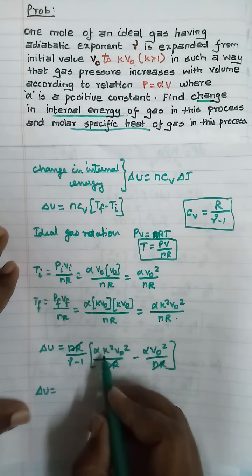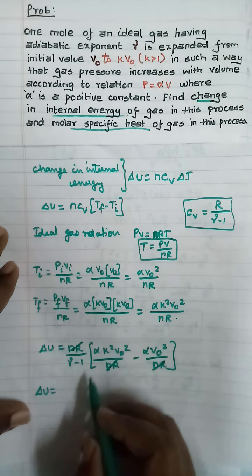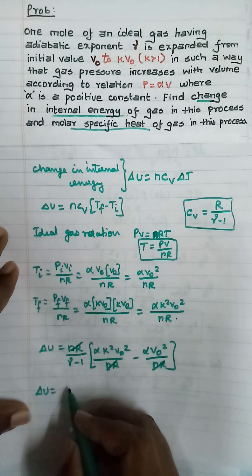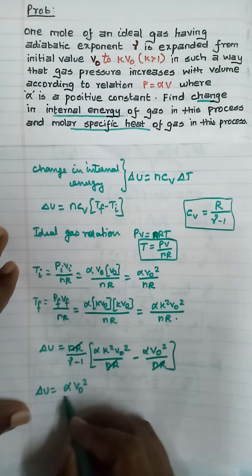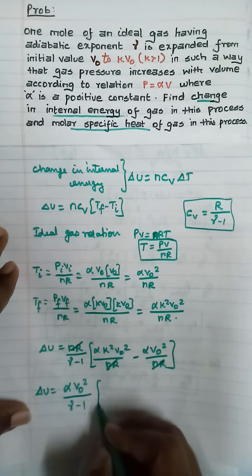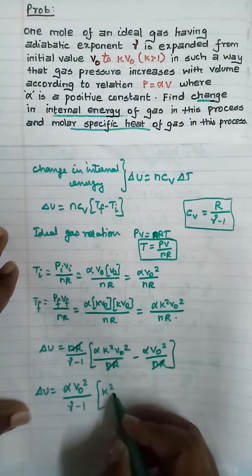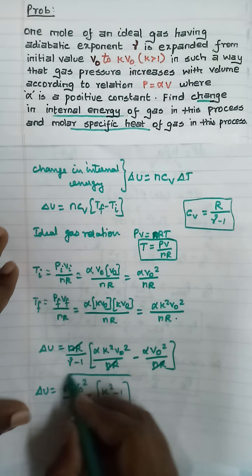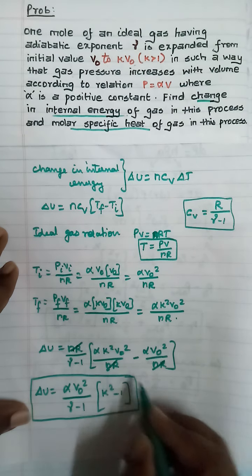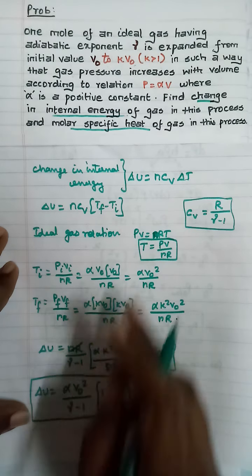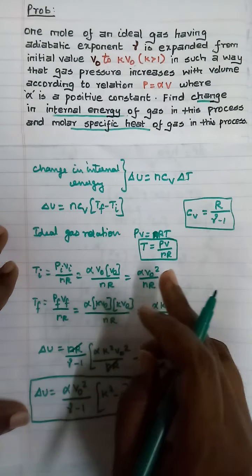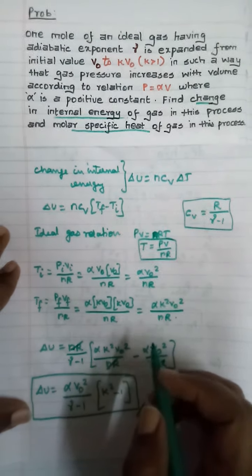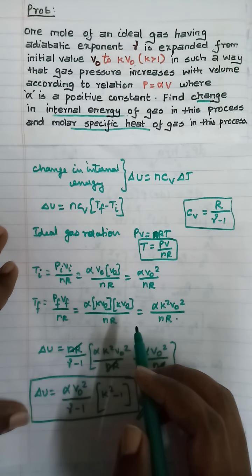If you take some common terms, then alpha V0 square by gamma minus 1 into k square minus 1. This is the answer for the change in internal energy. This is how you have to approach this question. Thank you.